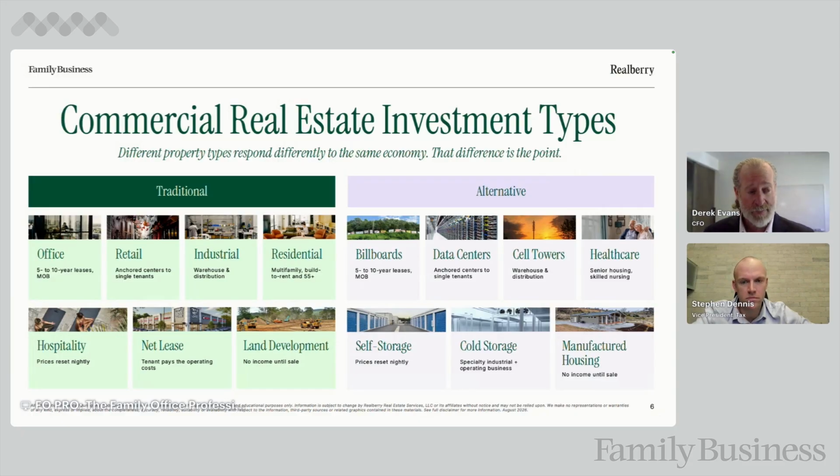From a resi perspective, multifamily acquisitions are an area where we're seeing a lot of activity, and also in the 55 plus area of the for rent product.